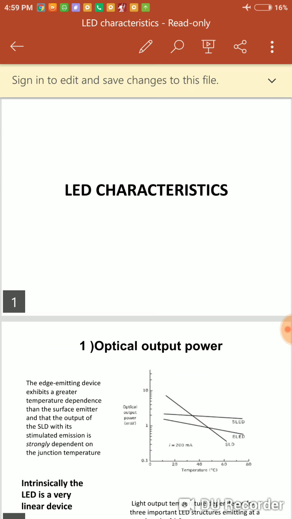Before studying the LED characteristics, the first thing we have to keep in mind is that LED acts as a non-coherent source of light.